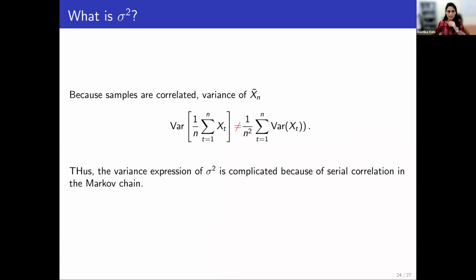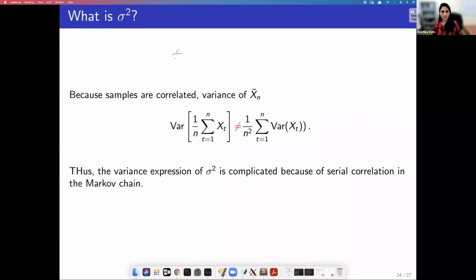What is sigma squared? Sigma squared is the limiting variance in my ergodic average. Basically, sigma squared is equal to the limit of n times the variance of x bar n as n tends to infinity. That's the actual form.